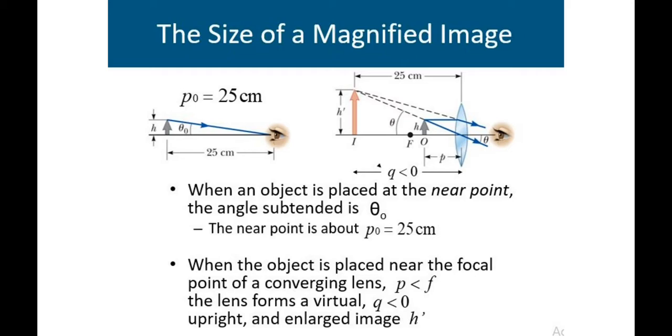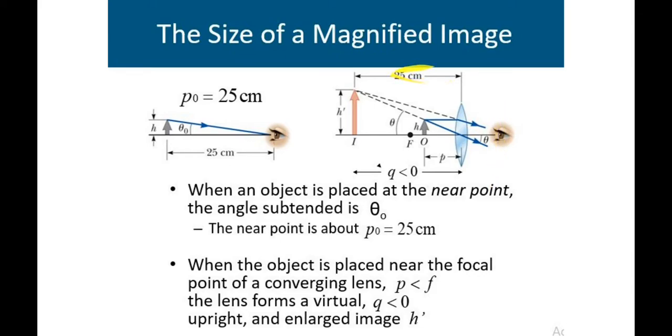And the size of this image can be much larger than the size of the object. And for proper focusing we adjust the position of the lens to the object, so that the object looks like it is at a distance of about 25 centimeters from our eye.